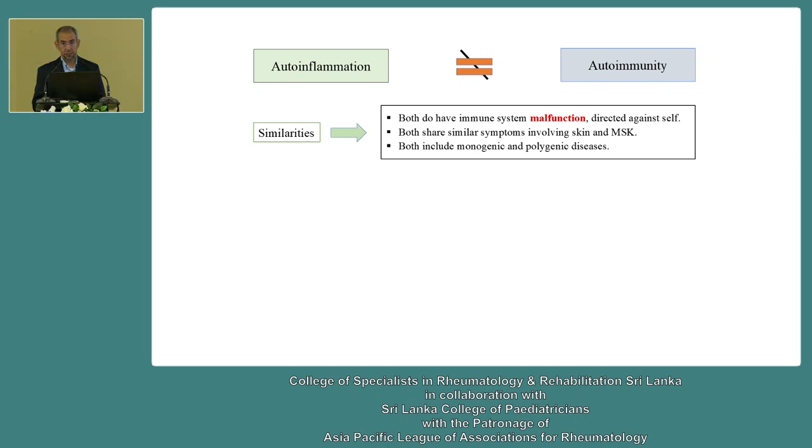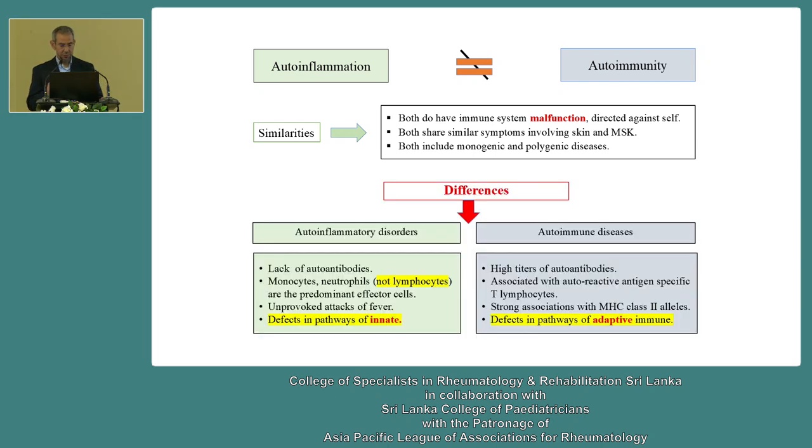However, there are significant differences between the two entities. In the autoinflammatory disease, typically they lack autoantibodies, while autoimmune disease, they have high titer of autoantibodies. I will take examples for each type. For the autoinflammatory disorder, we'll call it FMF, and for autoimmune disease, SLE.